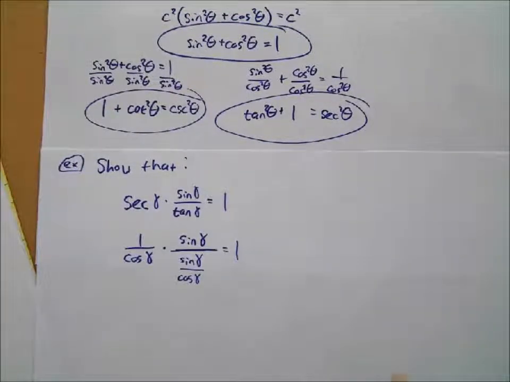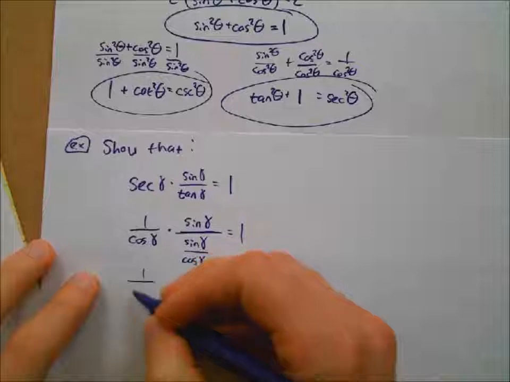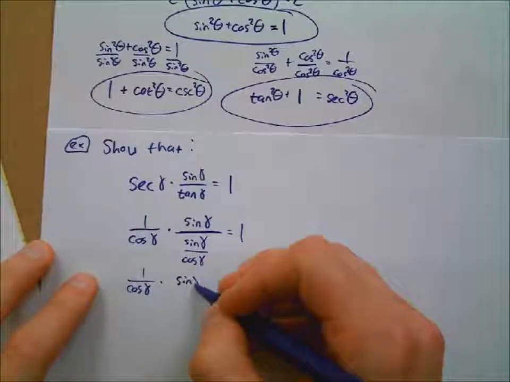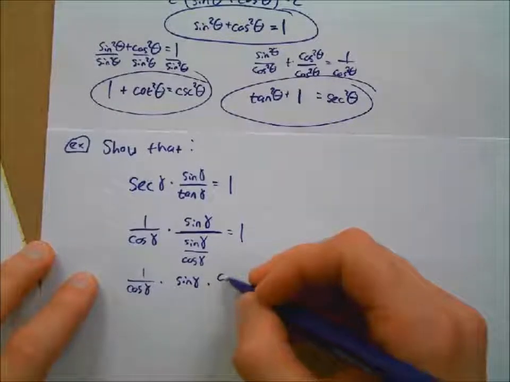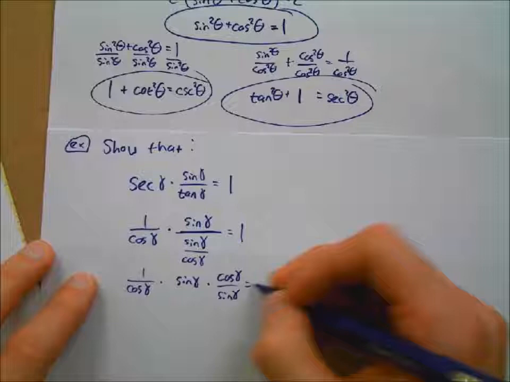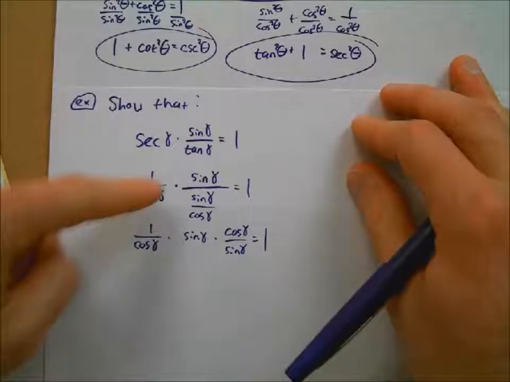And instead of dividing by sine over cosine, we'll multiply by the reciprocal, cosine phi over sine phi. Okay? And now, instead of dividing by sine over cosine, we're multiplying by cosine over sine, the reciprocal there.